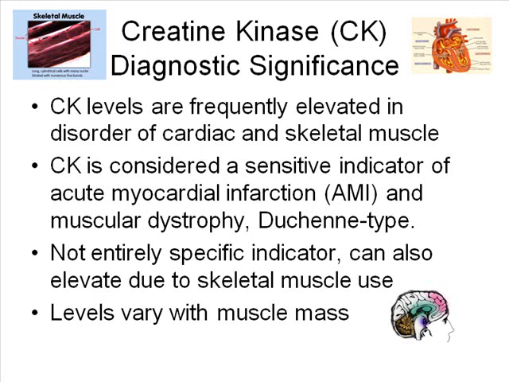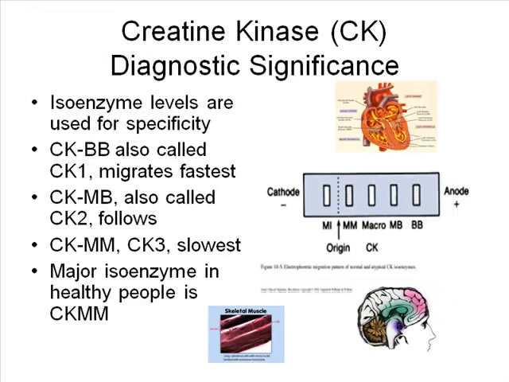So if you see a small child with this, think of Duchenne's muscular dystrophy, not an MI. Also remember that values differ per muscle mass. Men have more muscle mass, therefore higher CPK levels than women who are very slight and have small musculature.